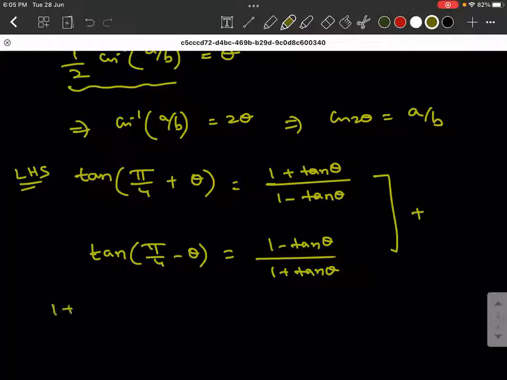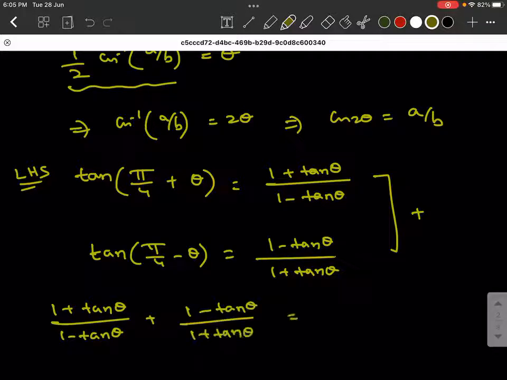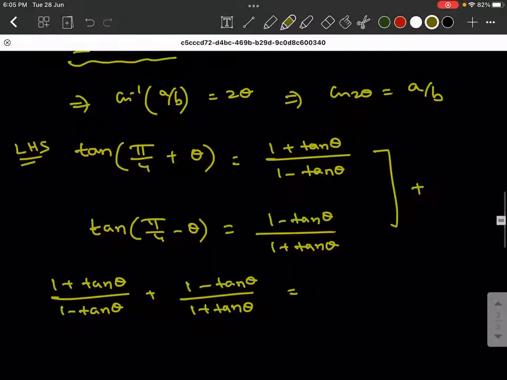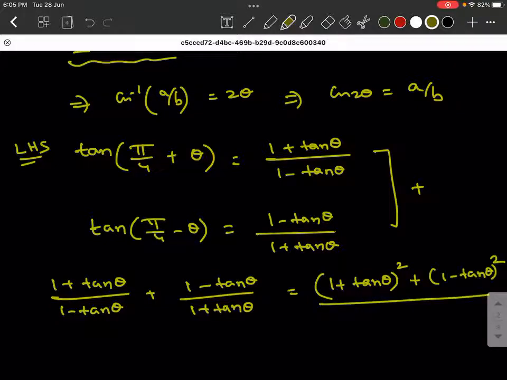When I add them, I get 1 plus tan theta by 1 minus tan theta plus 1 minus tan theta by 1 plus tan theta is equal to how much? 1 plus tan theta the whole square plus 1 minus tan theta the whole square divided by 1 minus tan square theta. Why is it so? A plus B into A minus B format.